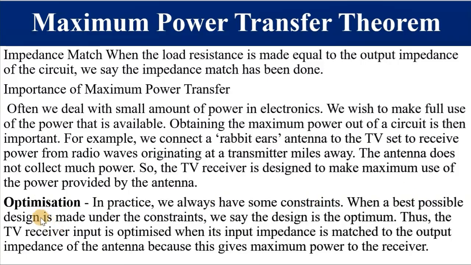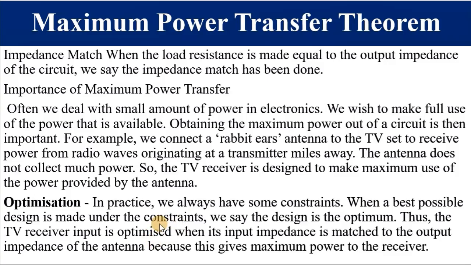When the best possible design is made under the constraints, we say we have optimized the device. That is, the design is optimum. So our TV's receiver input is optimized so that it is able to process as much as possible of the radiated TV radio waves.